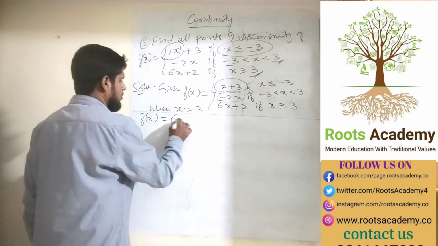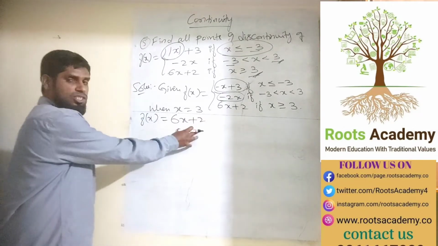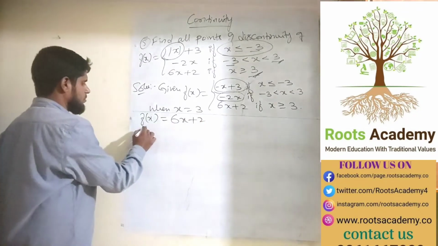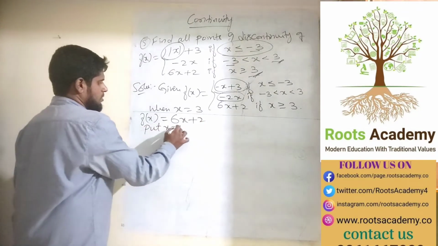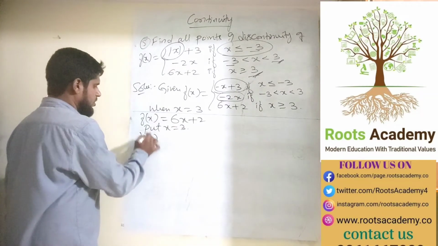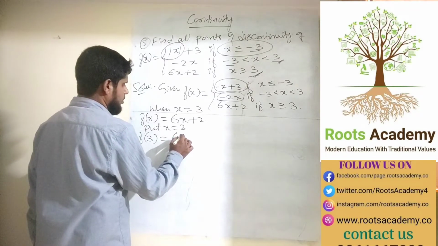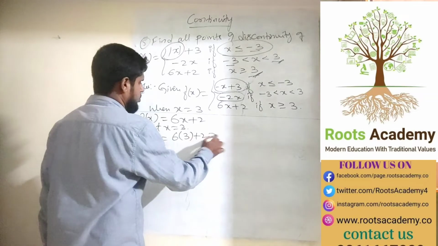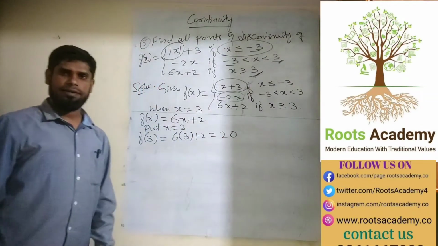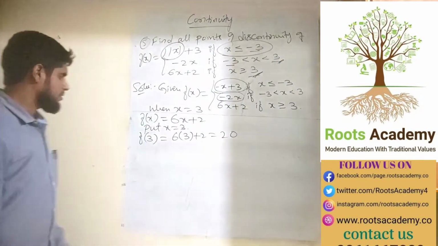Now in this function, I should put x as 3. So f of 3 is equals to 6 into 3 plus 2, 18 plus 2, student, it is 20. So f of 3 is equals to 20 here.